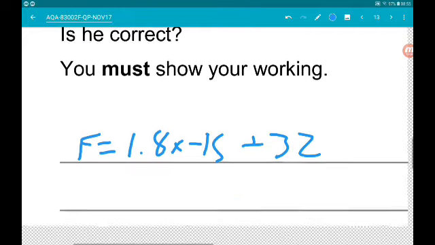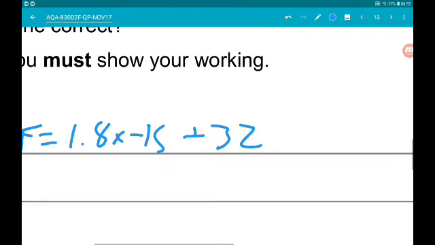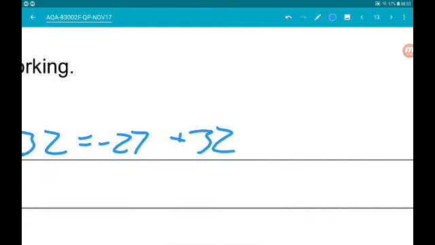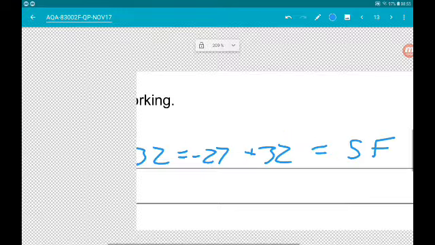Now that would give us 1.8 times minus 15 is minus 27 add 32. Now that gives us 5 degrees Fahrenheit, which is positive.